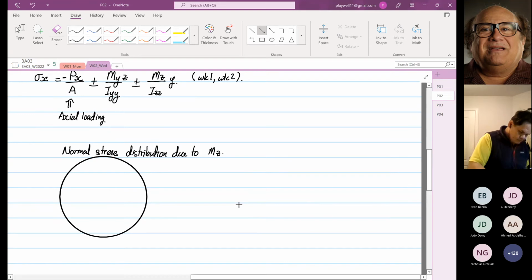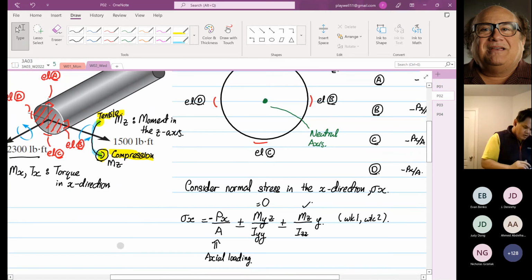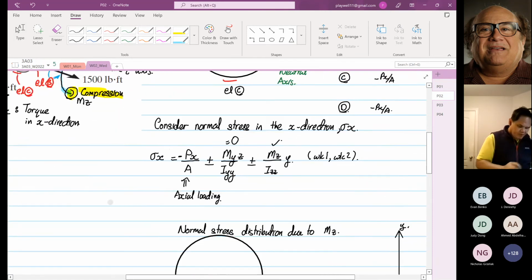I'm going to sketch a graph now, and you guys have probably seen this before. This is your stress in your x direction, and this will be your y. So for moment in z, if you look at your moment vector, you have tensile at the top, compression at the bottom.